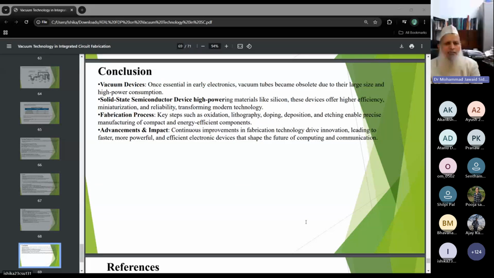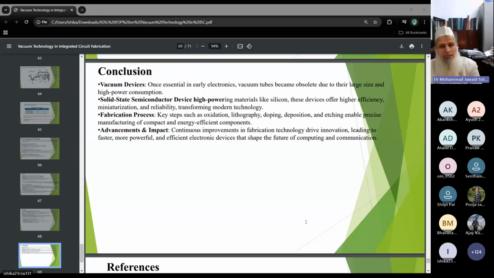Yeah, last slide. So vacuum devices, one essential. In earlier electronics, vacuum tubes became obsolete. They are not obsolete, still they are used in high power applications. Solid state devices use materials like silicon. These devices offer high efficiency, reliability, performing modern technology.